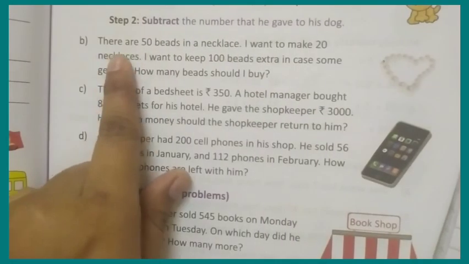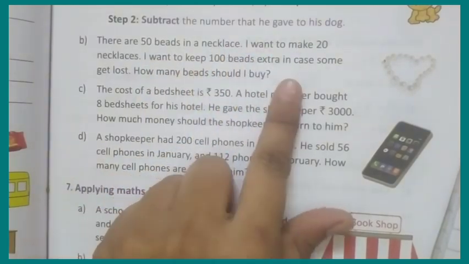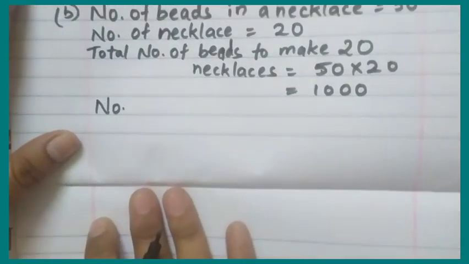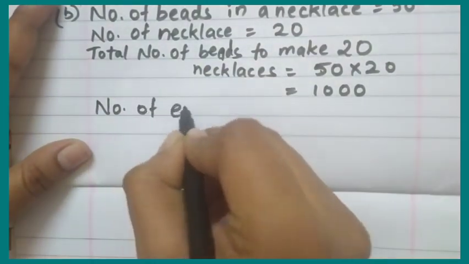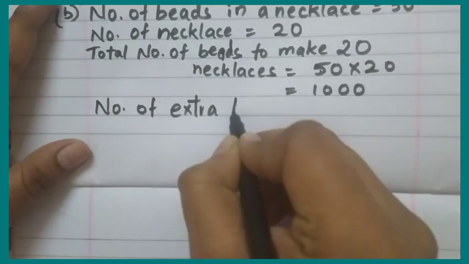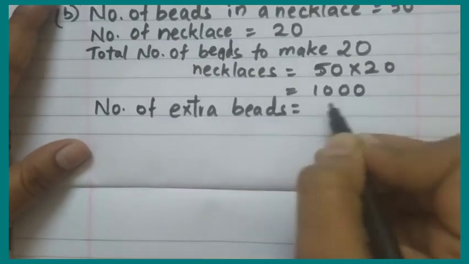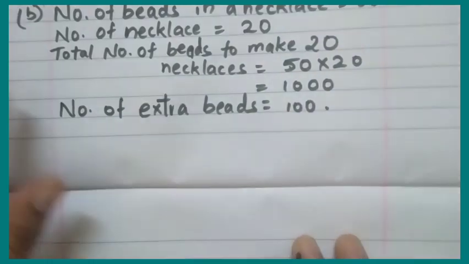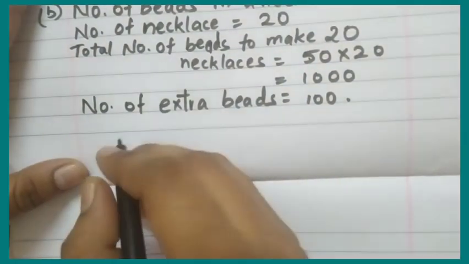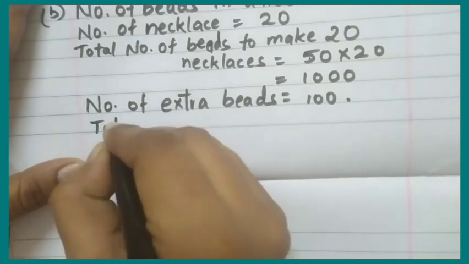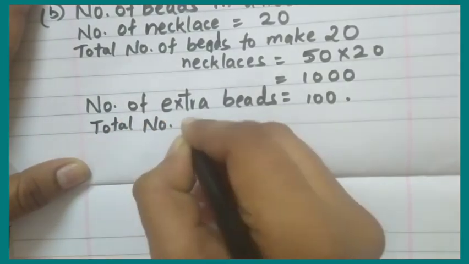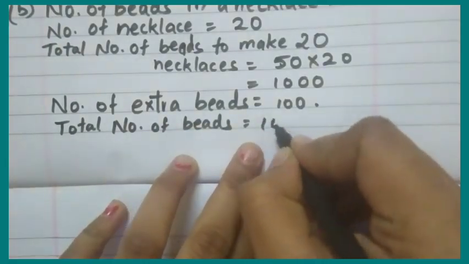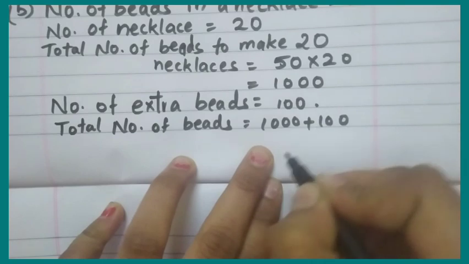Here I want to keep 100 beads extra. Now we'll write number of extra beads. How many do I want to take? Yes, 100. So now total number of beads, 1000 plus 100.